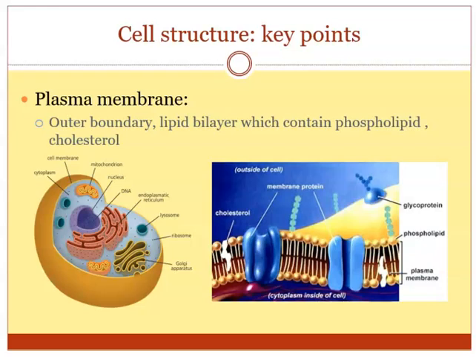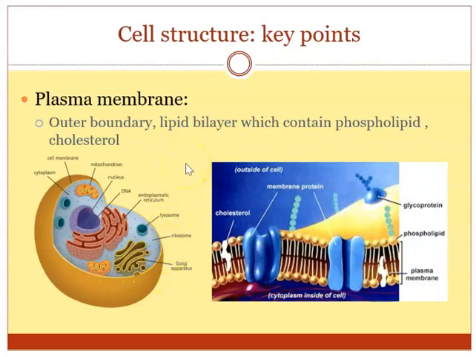It is the outermost membrane or the outer boundary of the cell. And you can see where the cell membrane is on this little diagram here. It's the outermost membrane on the very outside of the cell.